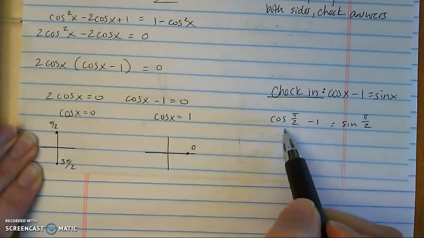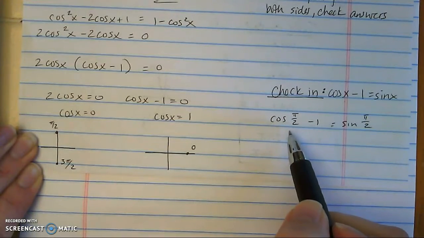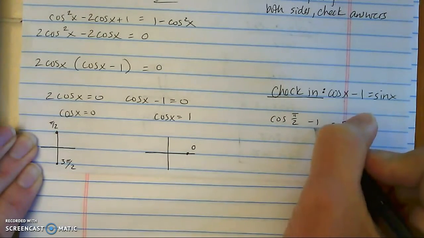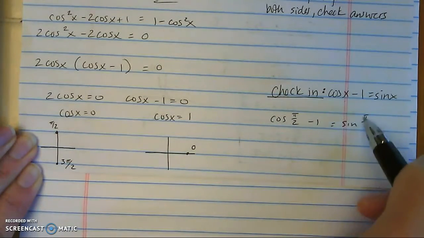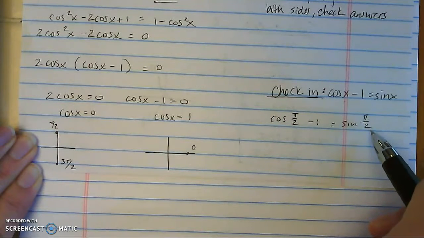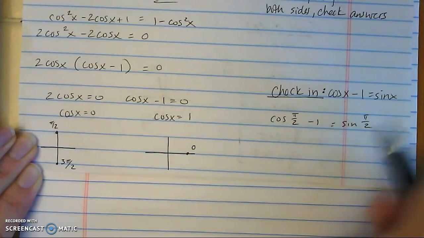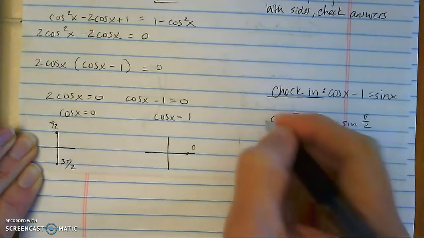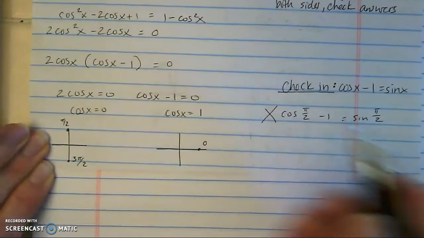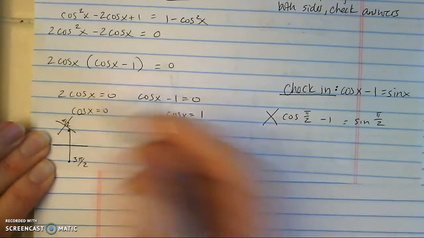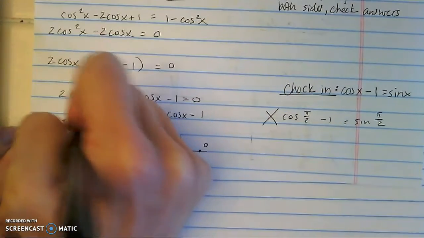What's the cosine of pi over 2? That's equal to 0. 0 minus 1 is negative 1. And the sine of pi over 2 is equal to 1. Oh, so this side gives me negative 1 and this side gives me positive 1. Y'all follow that? And so this one does not work. This is extraneous. We can't use this one.